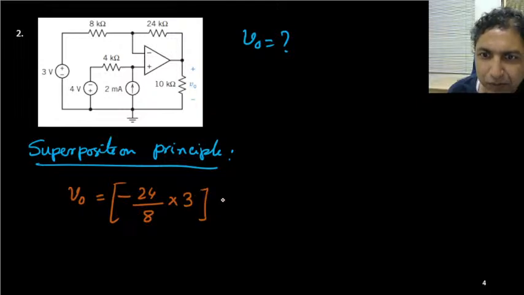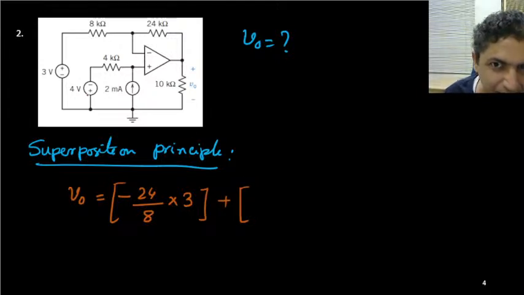Plus second term when this 4 volt source is acting alone. Okay, when 4 volt source is there, then current source is open, this is also shorted. So this potential and this potential same because no current is flowing. So it is a 4 volt only. So as if that 4 volt source is connected to non-inverting terminal.